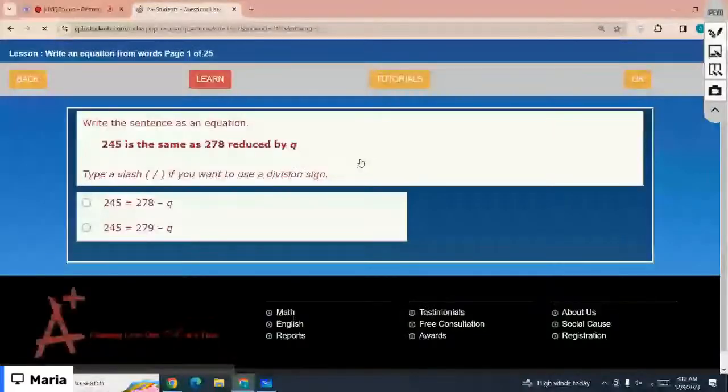Okay, write the sentence as an equation. 245 is same as 278 reduced by Q. Which is the correct option? One or two? Think and answer.